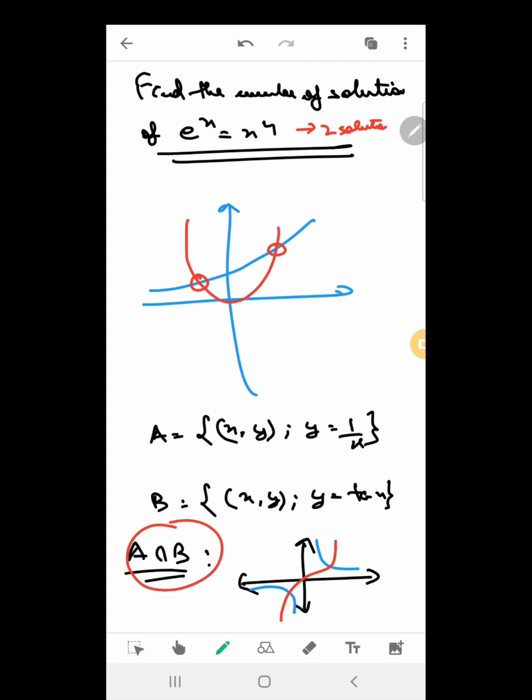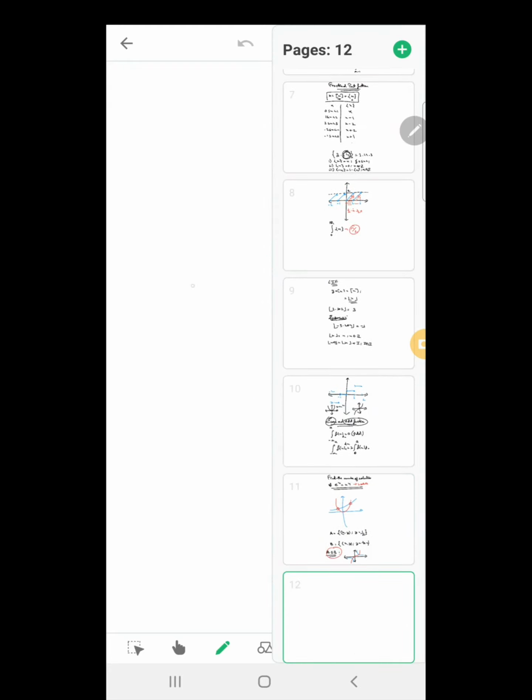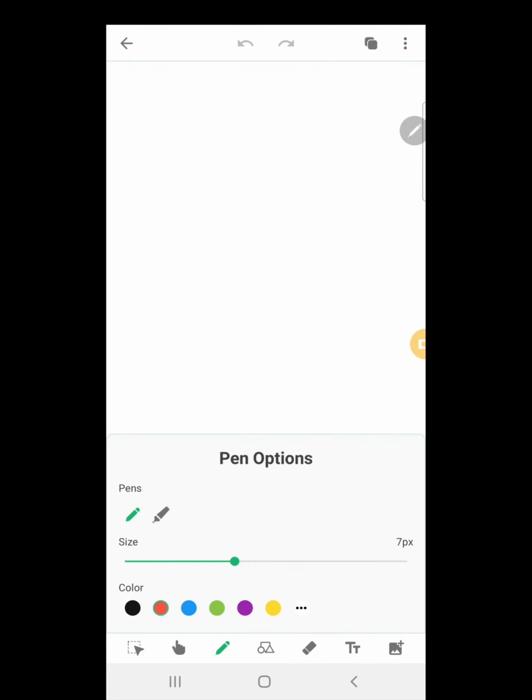You can also solve differentiability and continuity problems using graph theory. For example, suppose you are given f(x) equals mod of x plus mod of x minus 2. You can break this into piecewise functions. For example, it becomes minus 2x plus 2 when x is less than or equal to 0.